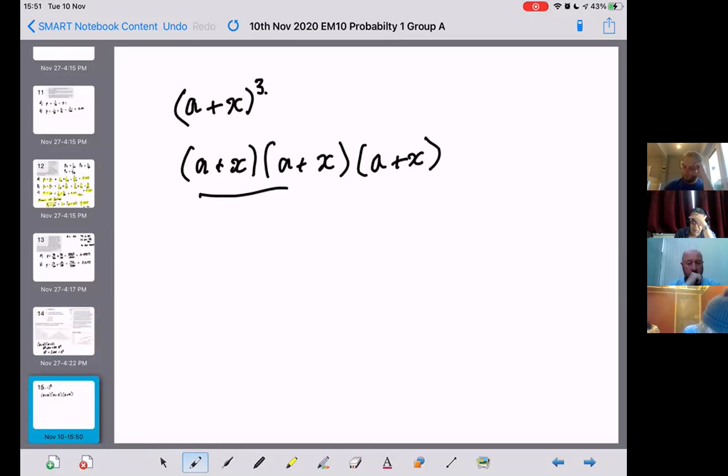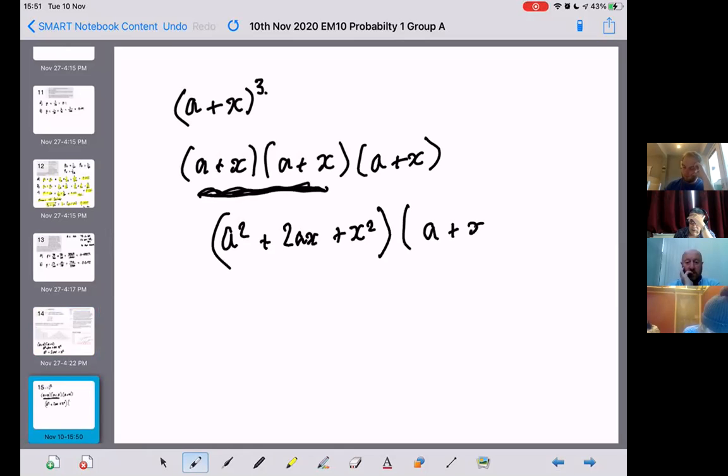We've already done this bit just now. The result of multiplying those two out was a squared plus 2ax plus x squared. We're now going to multiply that by a plus x.